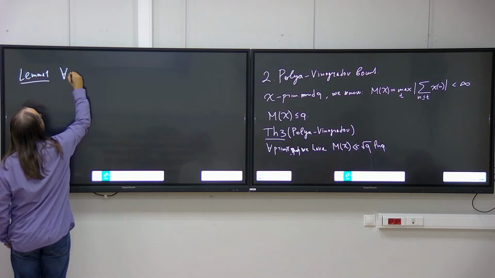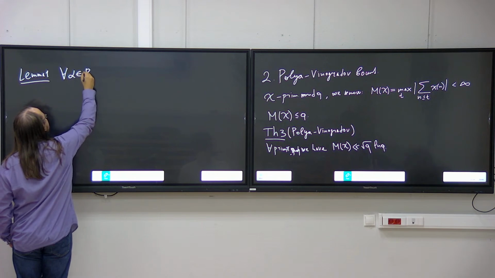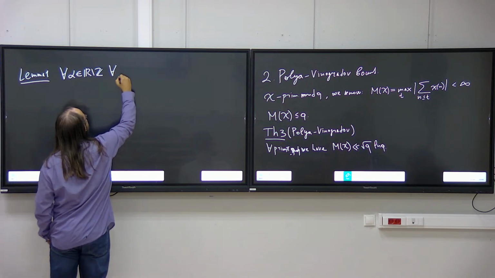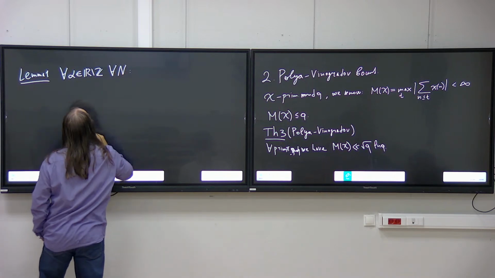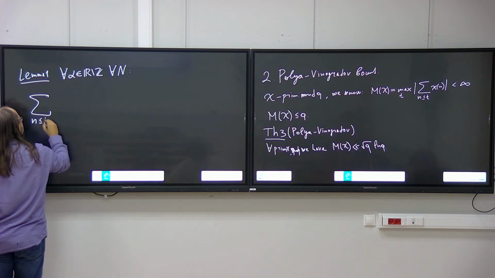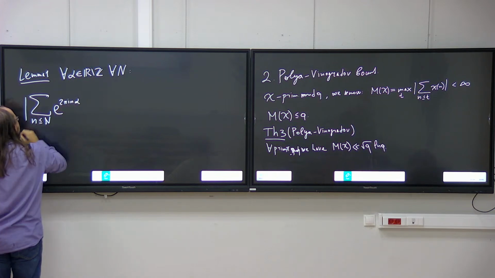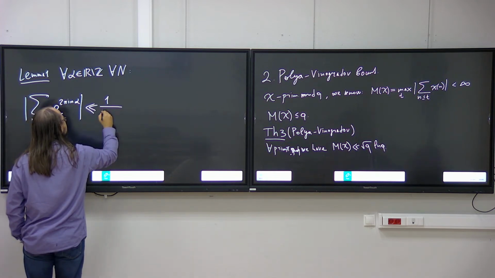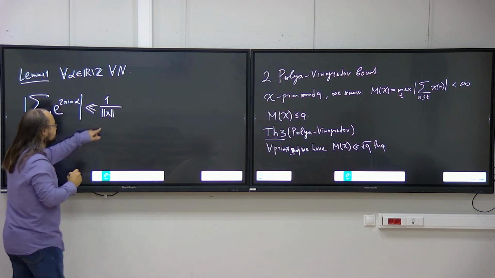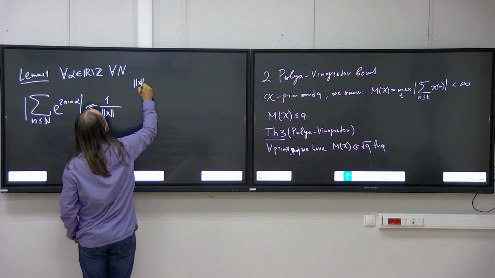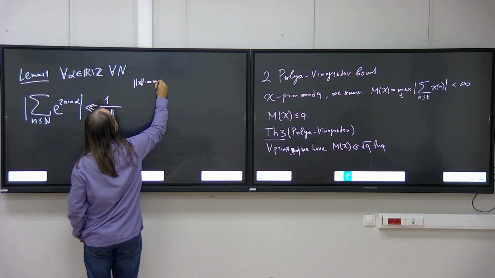For any alpha which is real but is not an integer, and for any N, we have that the sum over all n less than or equal to N of exponent of 2 pi i n alpha is at most 1 over the norm of alpha, which is the distance to the nearest integer.